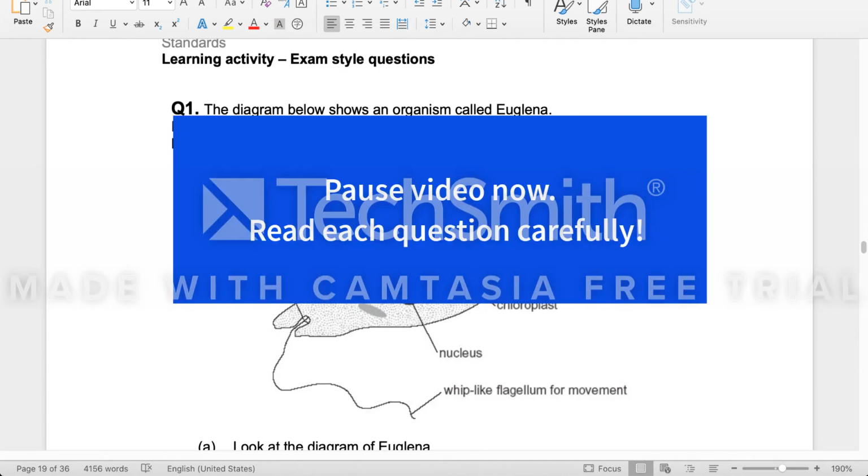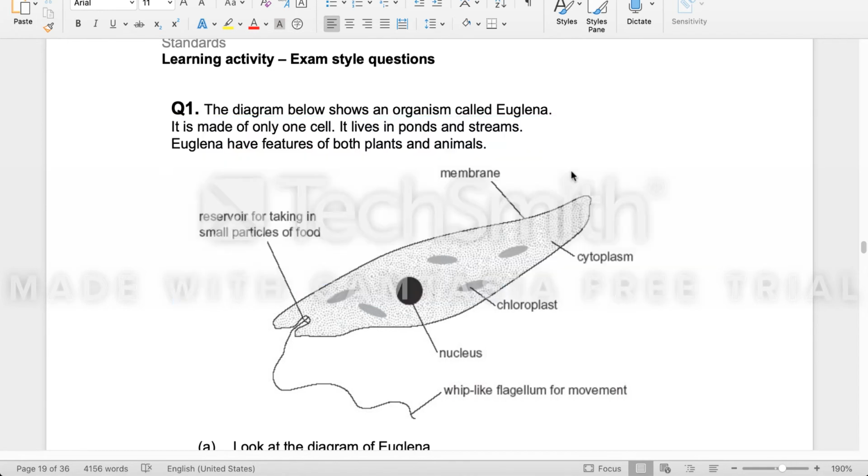All right, so before we go on here, I would just like to remind you that these questions, even though they say exam style questions, are not meant to stress you out. Very often, these booklets are made so that they add in a couple questions that are exactly the same on assessments.